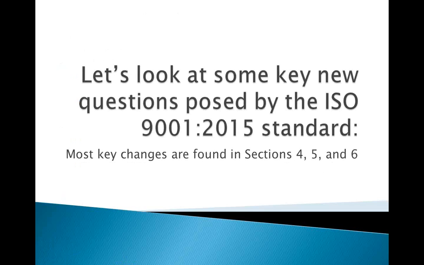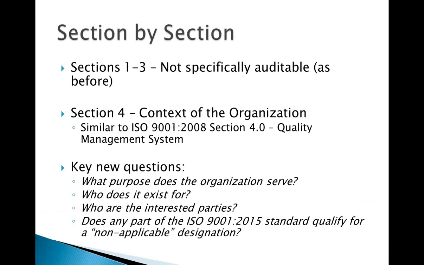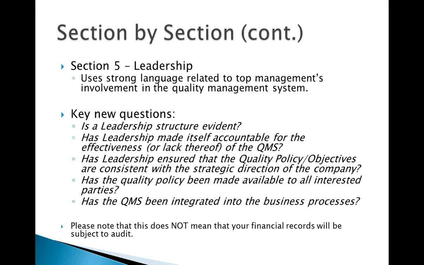What I'd like to do now is a little bit of section by section pointing out the key new requirements and just kind of showing you where they're found in the standard. Section 4, the key new ideas here are the purpose of the organization, identifying who the interested parties are, and then non-applicable clauses.